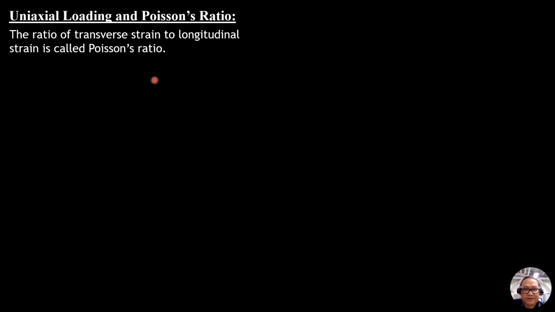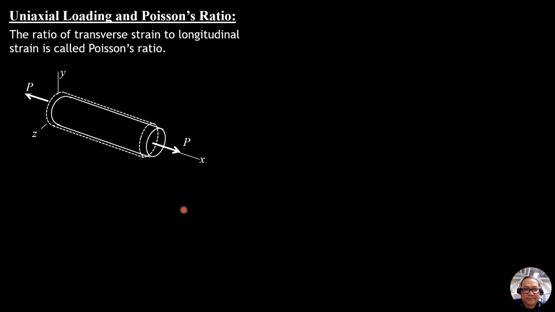And to demonstrate, let's have this specimen or material and the coordinate axes. So let us say this is the x, the y, and the z axis. And the load is tension. The loads will cause the material to elongate because the loads are applied to elongate the material.